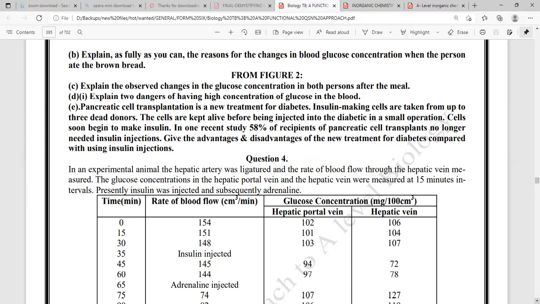So these cells begin to make insulin soon. And in one recent study, 58% of the recipients of pancreatic cell transplants no longer needed insulin injections. Give advantages and disadvantages of the new treatment for diabetes compared with using injections of insulin.